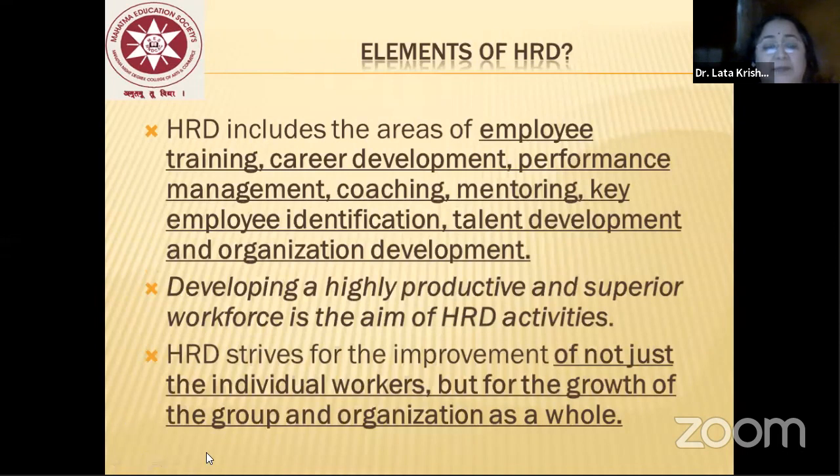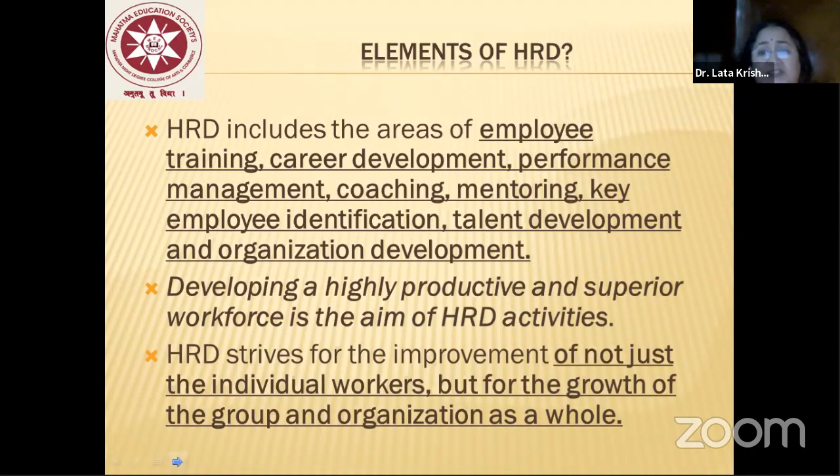What are the elements of human resource development? So, the elements, as you can see, we have already studied in our previous slide. If you are the HR manager, the human resource manager of a business organization, you will be dealing in areas of employee training, career development, performance management, coaching, mentoring, key employee identification, talent development, and organization development.